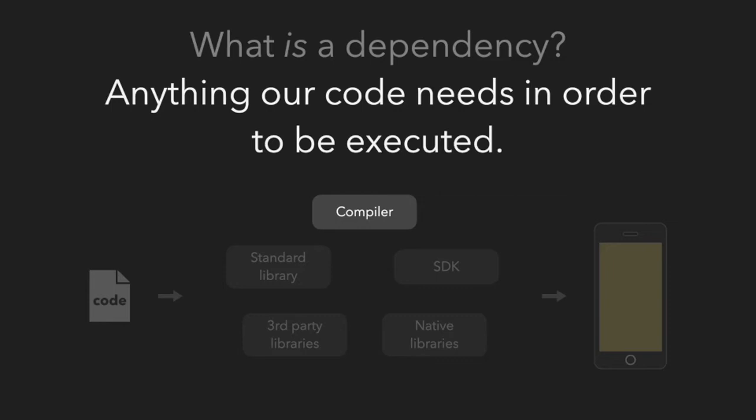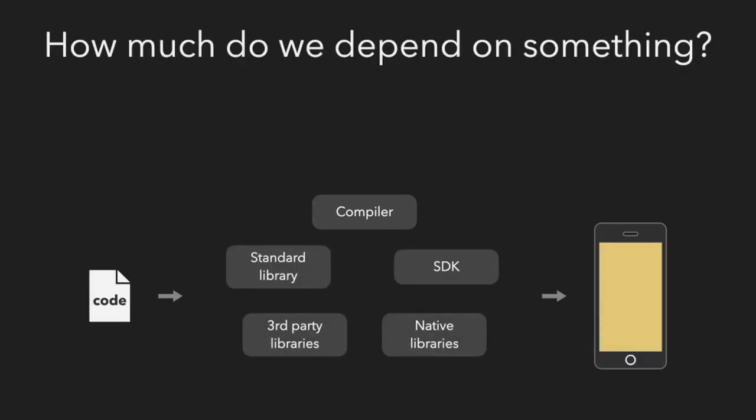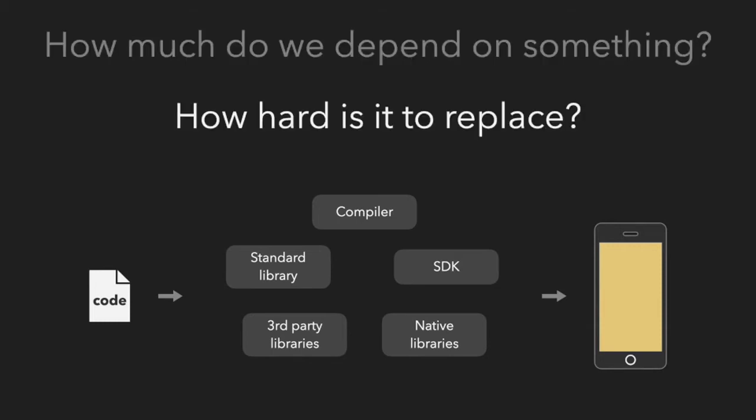So with this, we can see that some dependencies are more dependencies than others. And the way that we phrase that, the way that we think about how much we depend on something, depends on how hard that thing is to replace. So a compiler is very hard to replace, but third-party libraries can be pretty easy to replace. And this is how we measure how much we depend on each of these things.